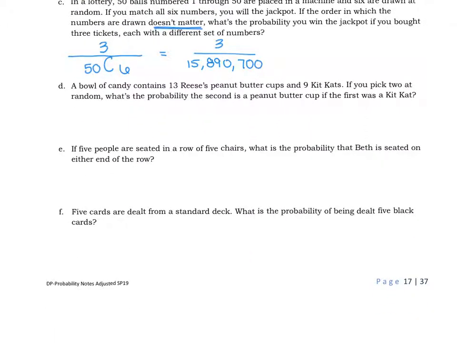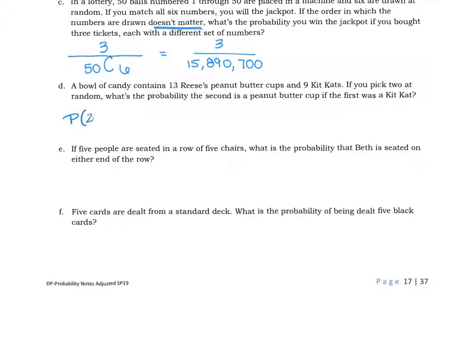All right, moving on to question D. A bowl of candy has 13 peanut butter cups and 9 Kit Kats. You are picking 2 at random. What is the probability the second is a peanut butter if the first was a Kit Kat? So again, this is like a given that. This is one of our conditional probabilities.